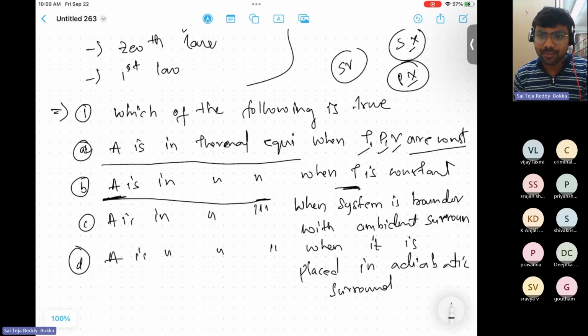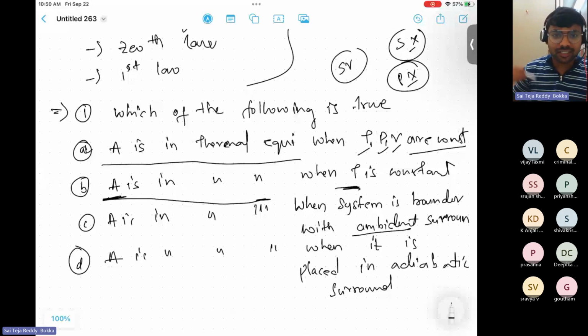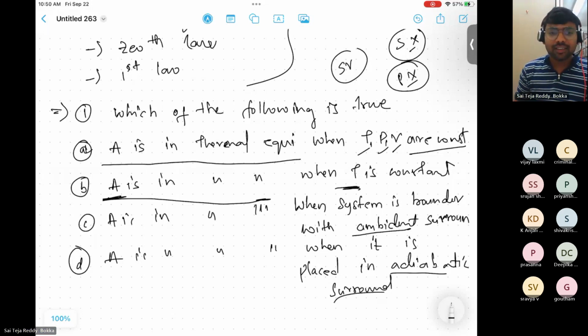Here with ambient temperature, there is a continuous change in the temperature. When it is adiabatic surroundings, there is no transfer of heat from the system to the surroundings. Then A is in equilibrium.